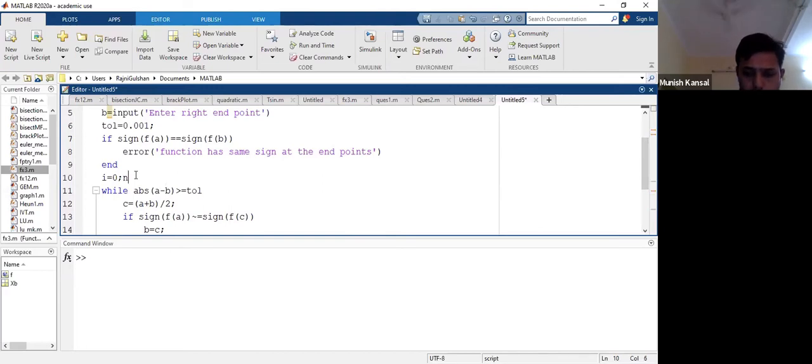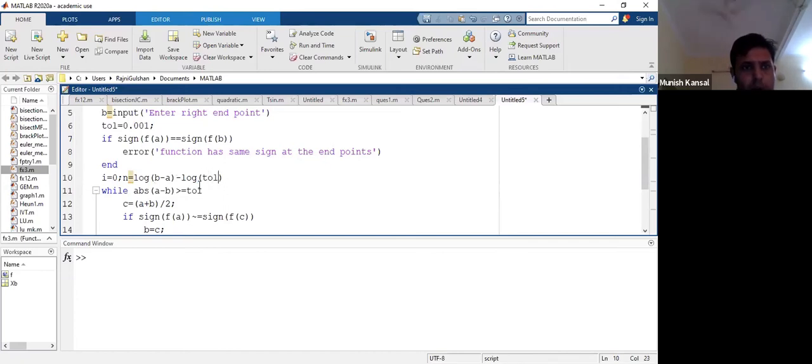So that is n is equal to, let me call that n, log of b minus a minus log of tolerance.